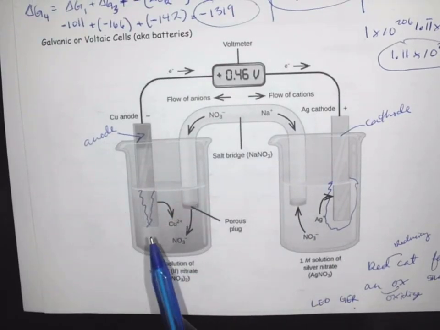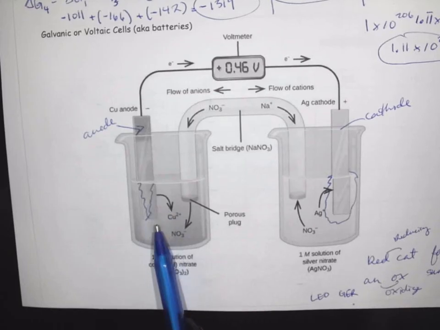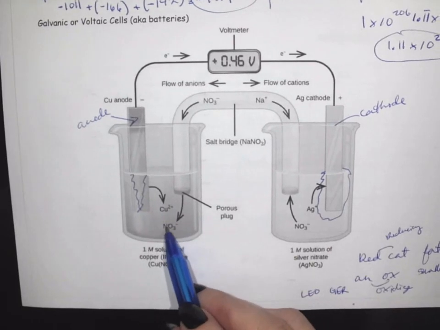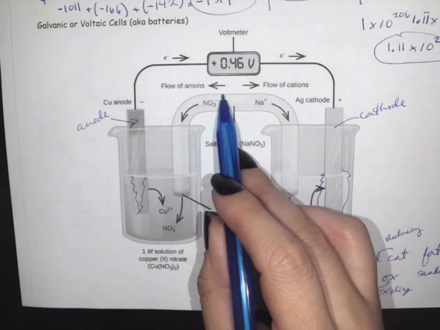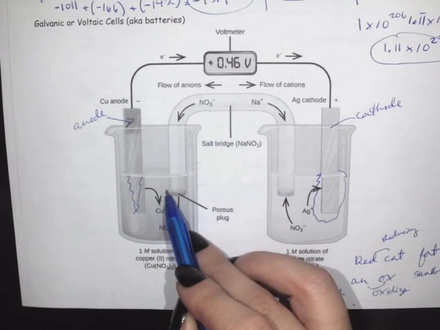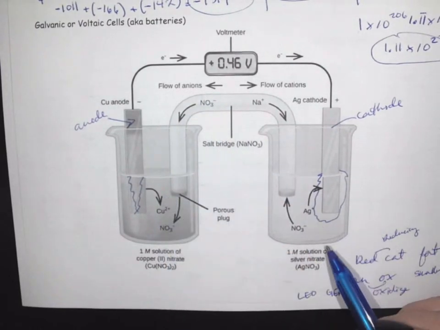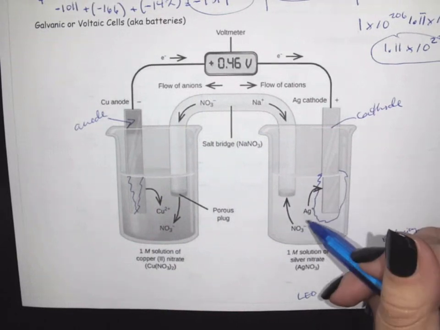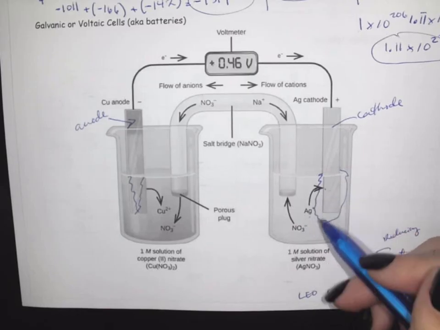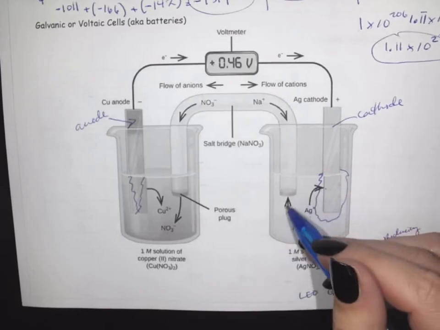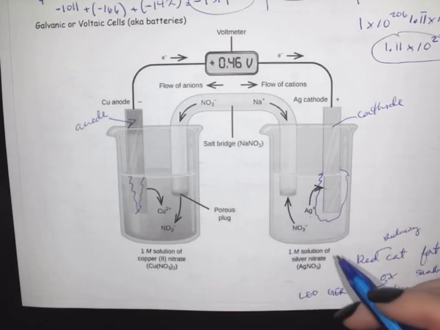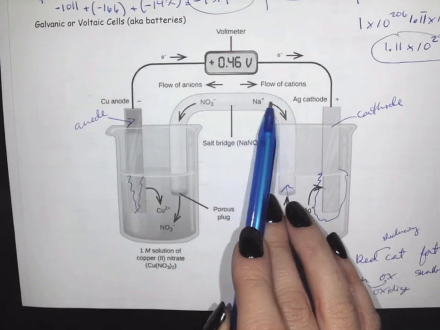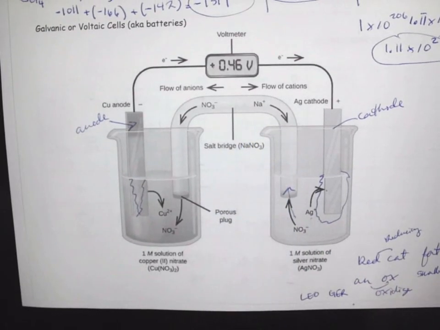Now notice that because we're adding cations in here, we need to balance it off with anions. So in the salt bridge, we need the negatives to come over here. Where the opposite is kind of happening. See how we are losing positives? That would make this more negative over here. So we would want some of those negatives to leave or some positives to enter to balance it out.